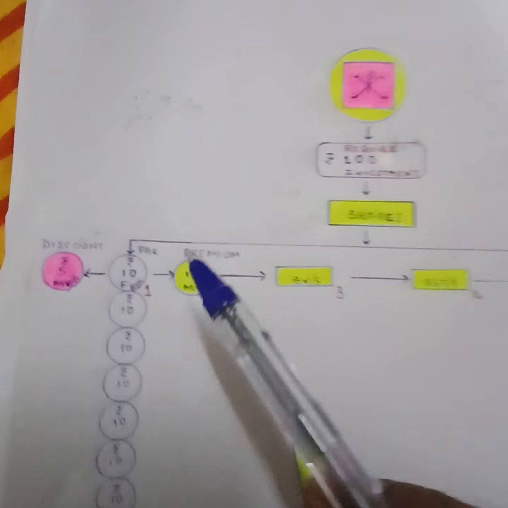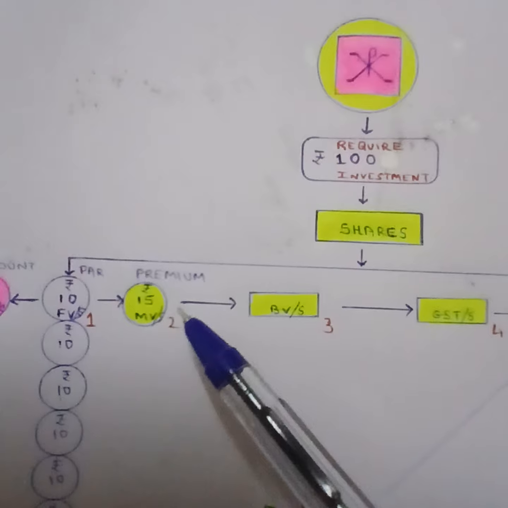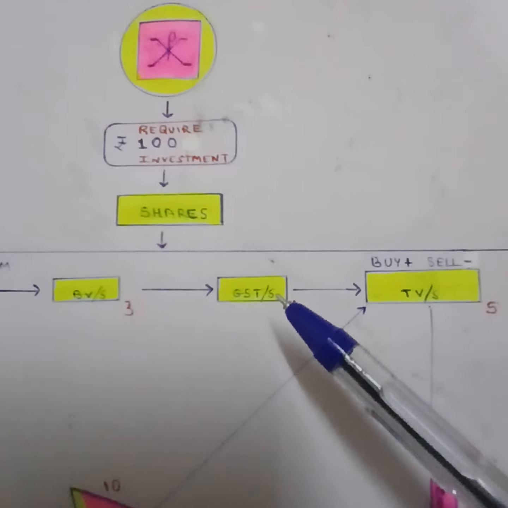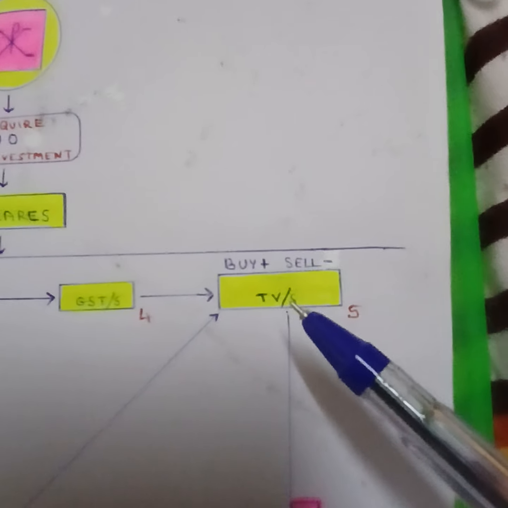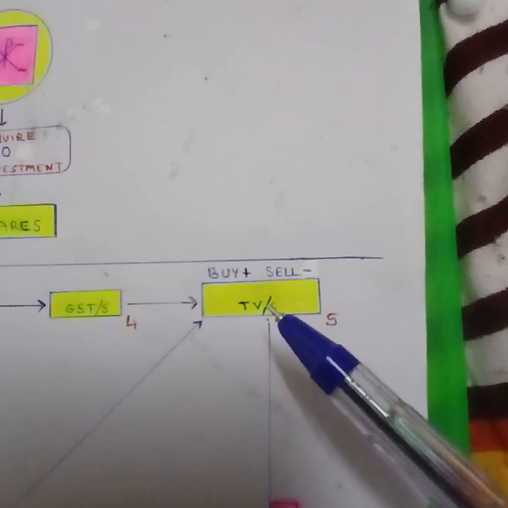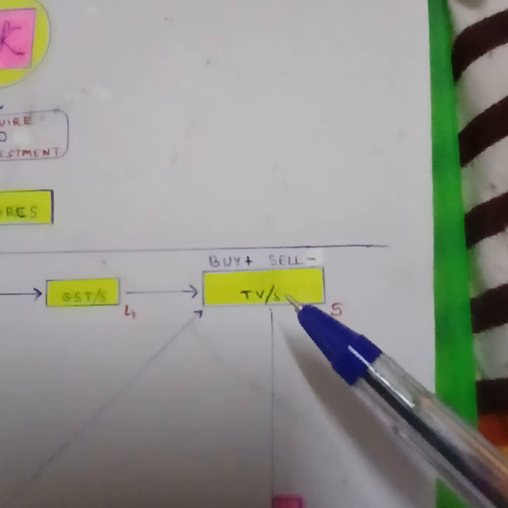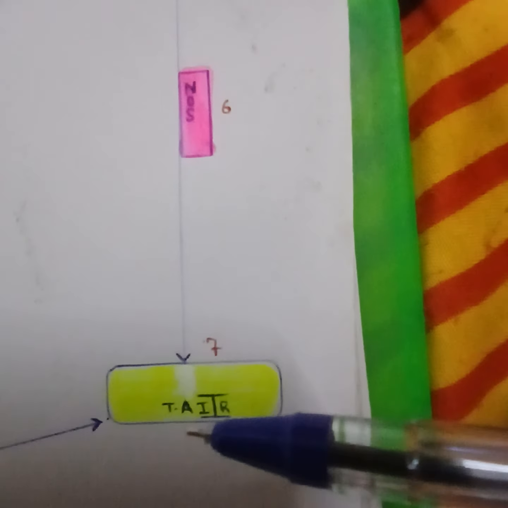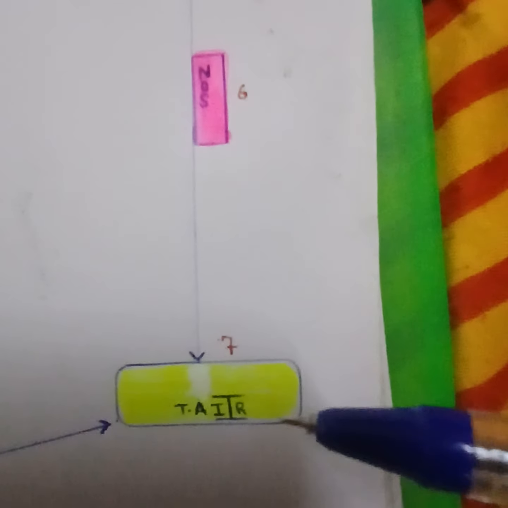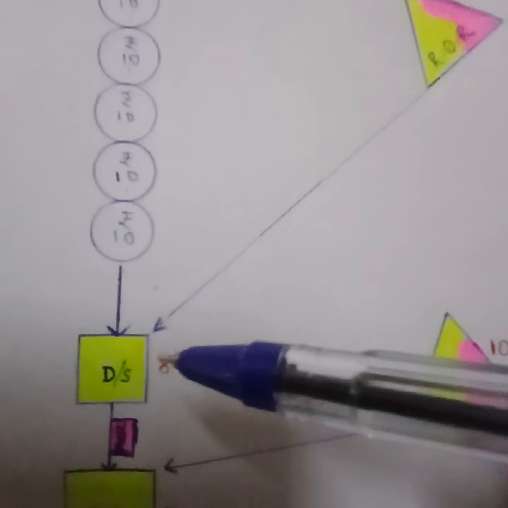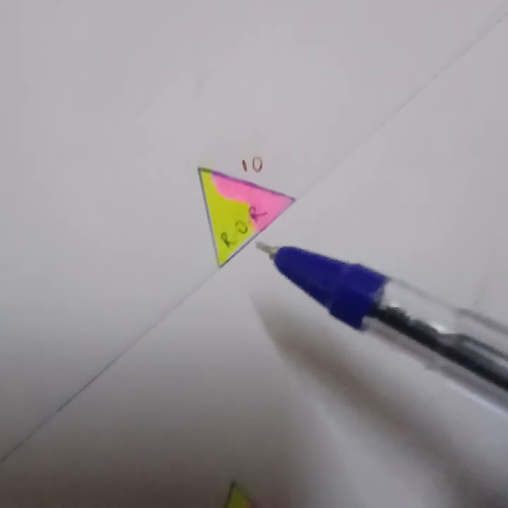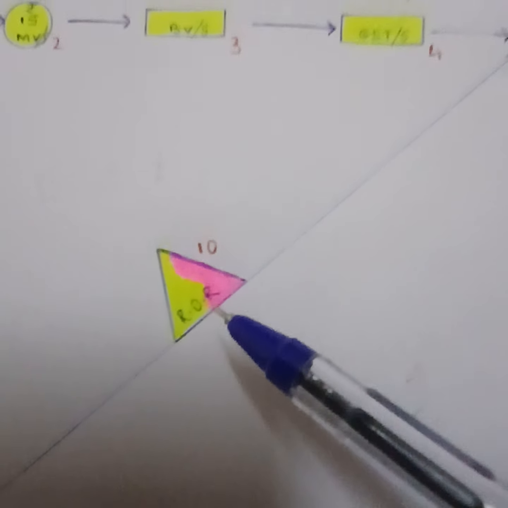So the first step is face value, second step is market value, third is brokerage, fourth is GST, fifth is total value per share, sixth is number of shares, total amount invested, seventh, or received, eighth is dividend per share, ninth is total dividend, and finally the 10th one is rate of return.